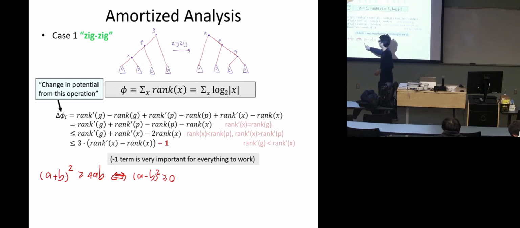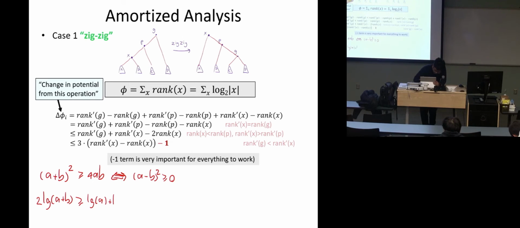So when I rearrange a bit, I get this, which means that when I take log, log of AB is at least log of A plus log of B plus 2. Okay.